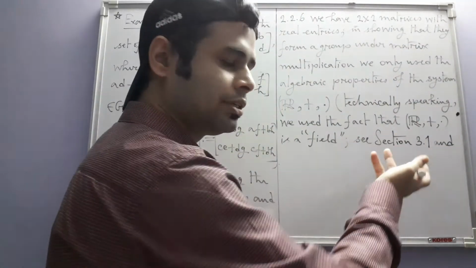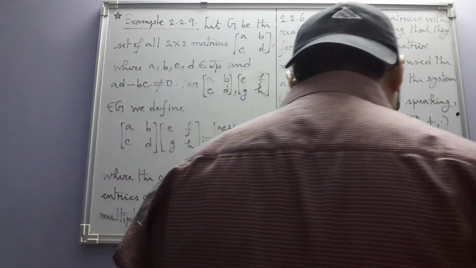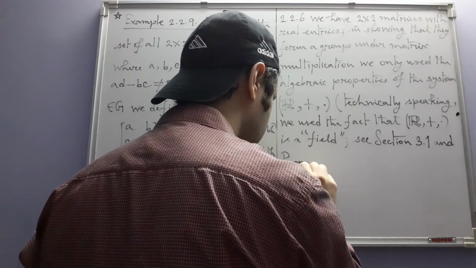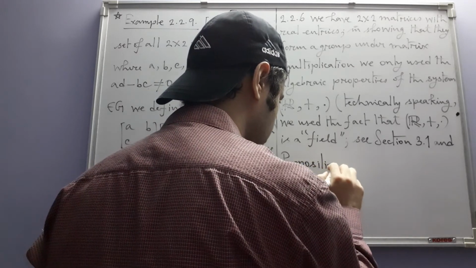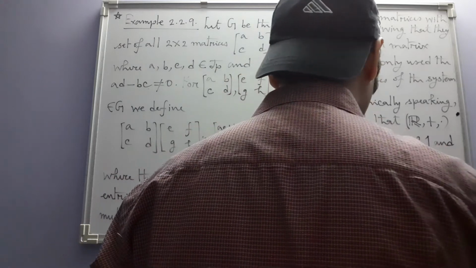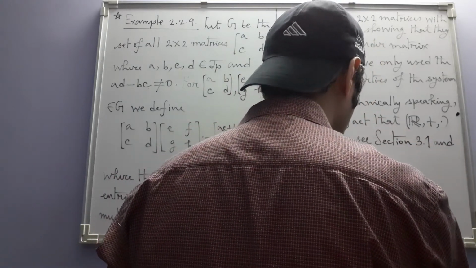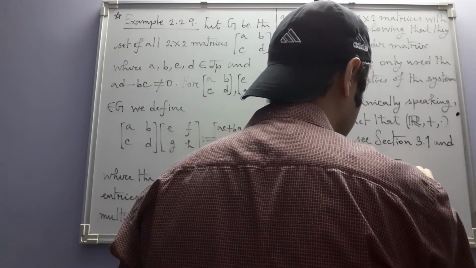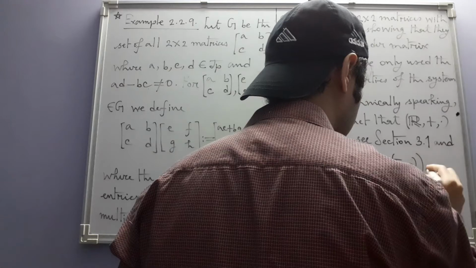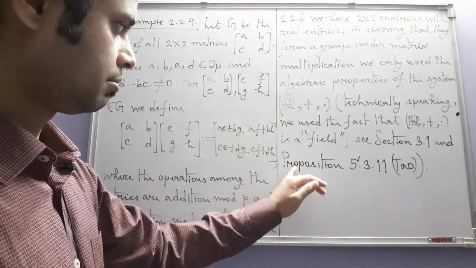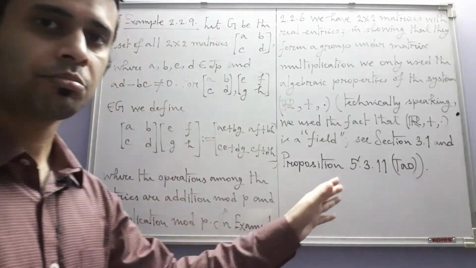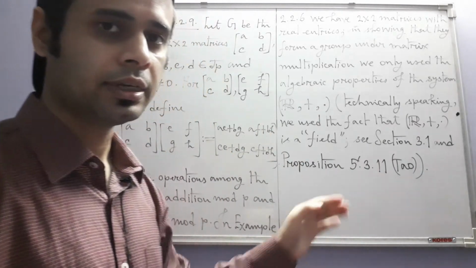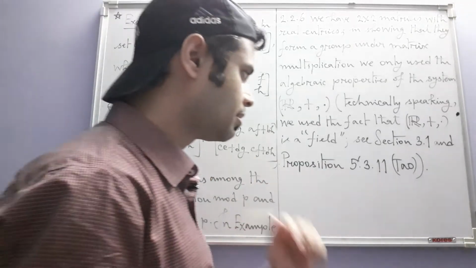So there you have the definition of field and proposition 5.3.11 in Tau's analysis 1. Here the fact that the real numbers actually form a field has been proved in this proposition. So you can refer to this.